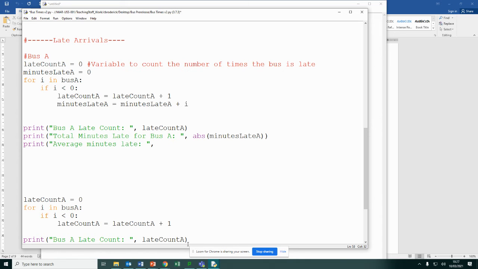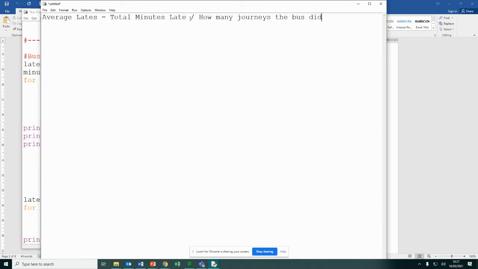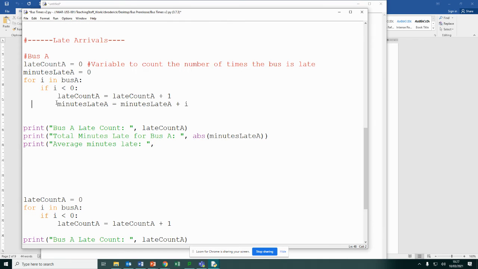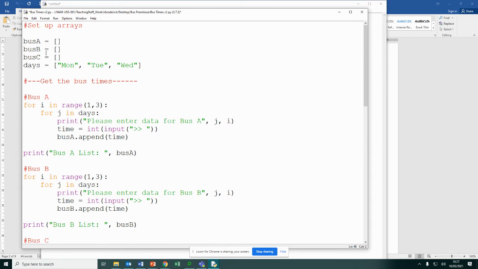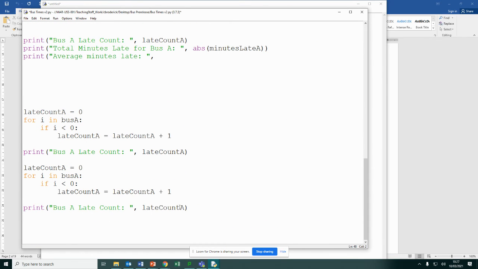So think back here, the total minutes late divided by how many journeys the bus did. Now, the number of bus journeys it did is however long bus A is. And I actually can't remember, I think it's 6 that we did.